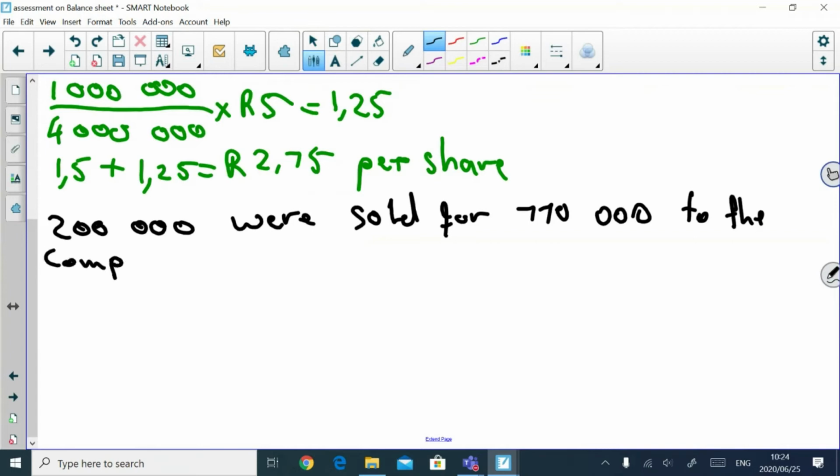Yes, that means, what do you call it? A repurchase, ne? Repurchase of shares, in short. Okay.